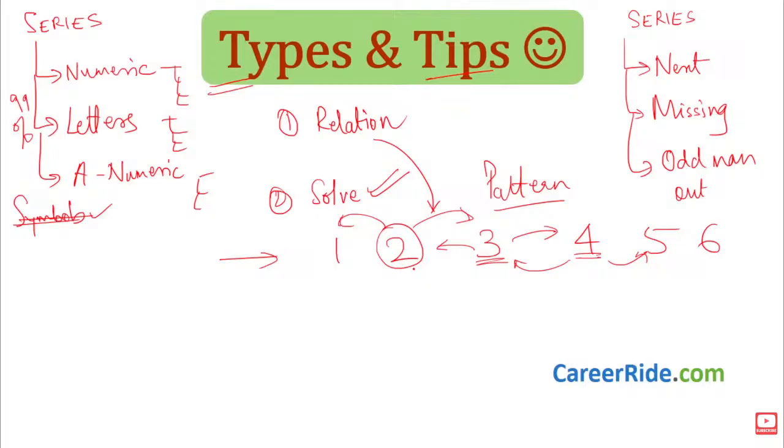For that, I'm going to tell you a different strategy, but for numbers, it is important. Please pay attention over here because this will help you get the series pattern very quickly. Now, let us find the difference between two numbers. 2 minus 1 is 1, 3 minus 2 is 1, 4 minus 3 is 1. Here you are seeing that there is a steady difference or a constant difference.